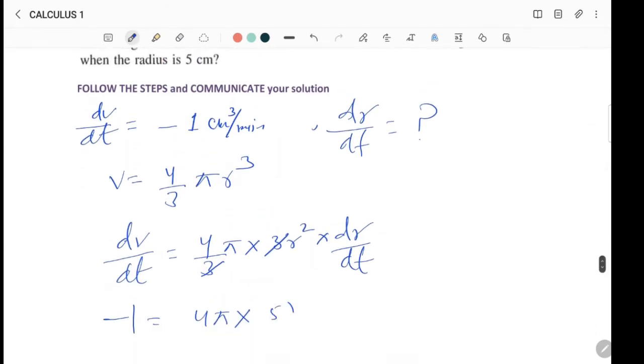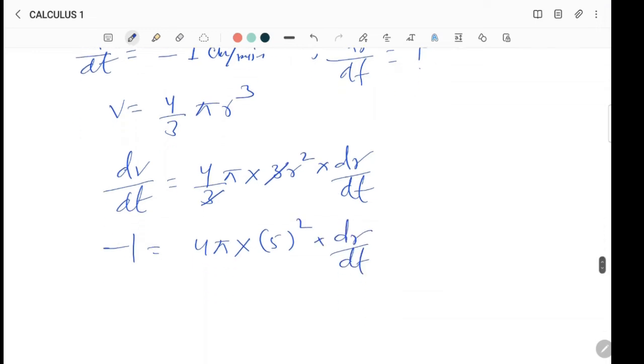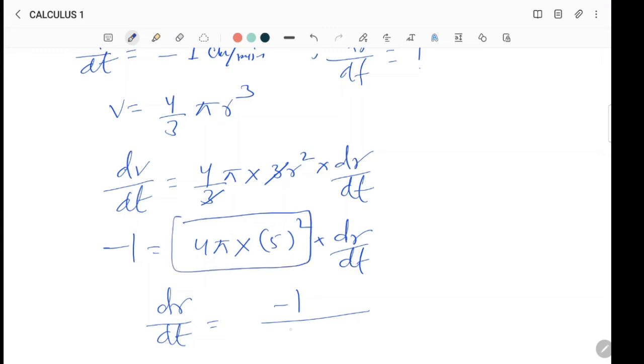And dr by dt. So this is minus 1, and put this in the denominator: 4 pi times 5 square.